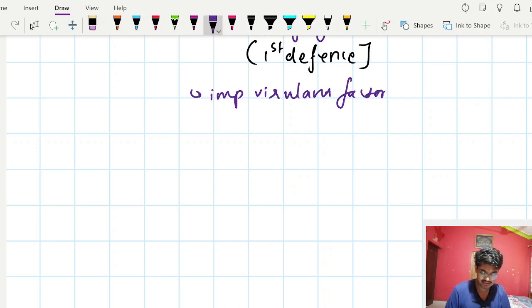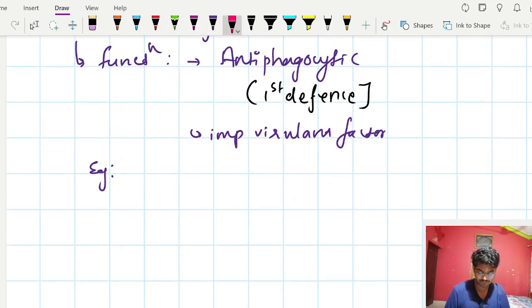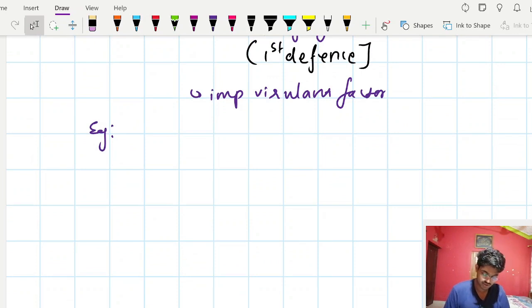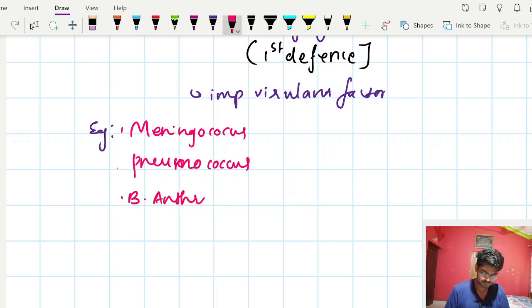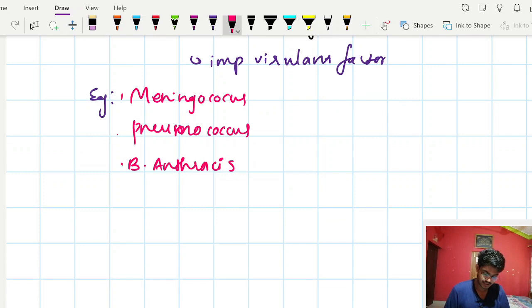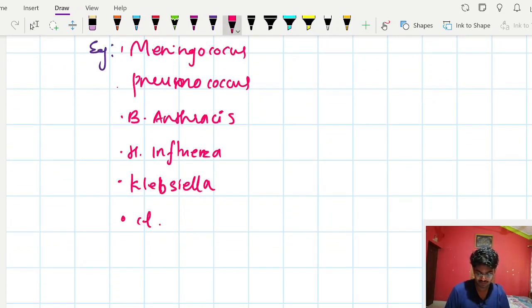Now let us get into the examples of some of the capsulated bacteria. It includes our famous meningococcus, our pneumococcus, then our Bacillus anthracis, then our Haemophilus influenzae, then our Klebsiella, and the sixth one is our Clostridium perfringens.